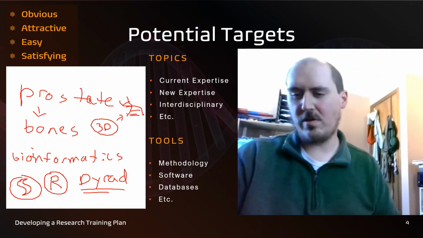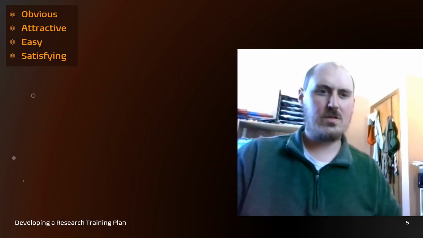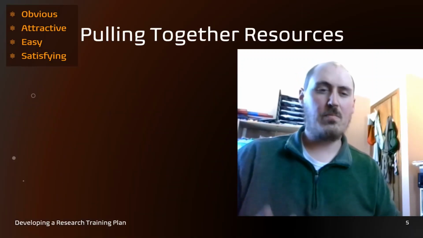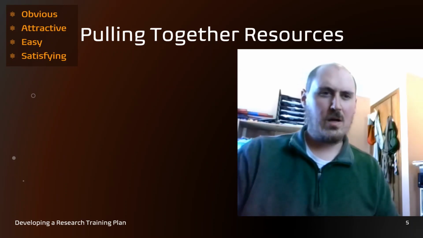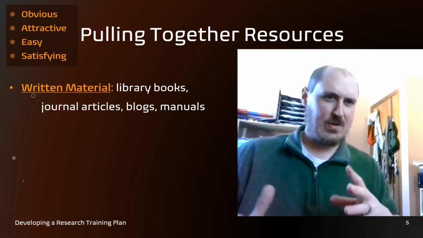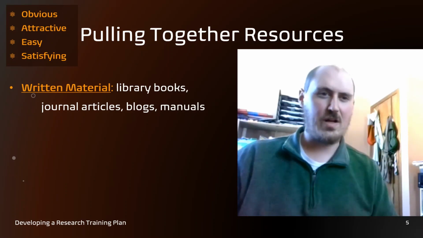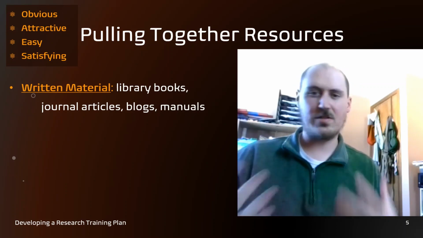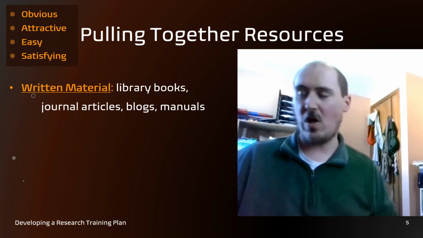Now that we've gotten some ideas for potential targets, let's talk about putting together resources. So again, keeping that obvious, attractive, easy, satisfying metric in mind. First of all, you could certainly have written material. This can come in all sorts of forms like library books, journal articles, blogs, manuals.